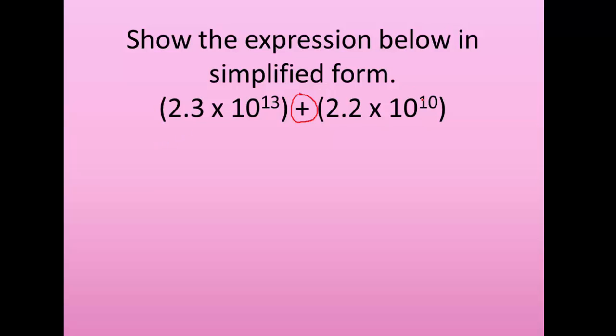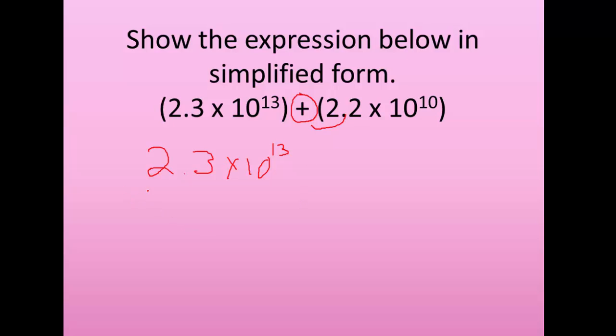Okay, so now we are going to add. So if I make the exponents the same, so the smaller one, we can turn this into 13. So you have 2.3 times 10 to the 13. Now if I take this and make it 13, we'll have to come over.